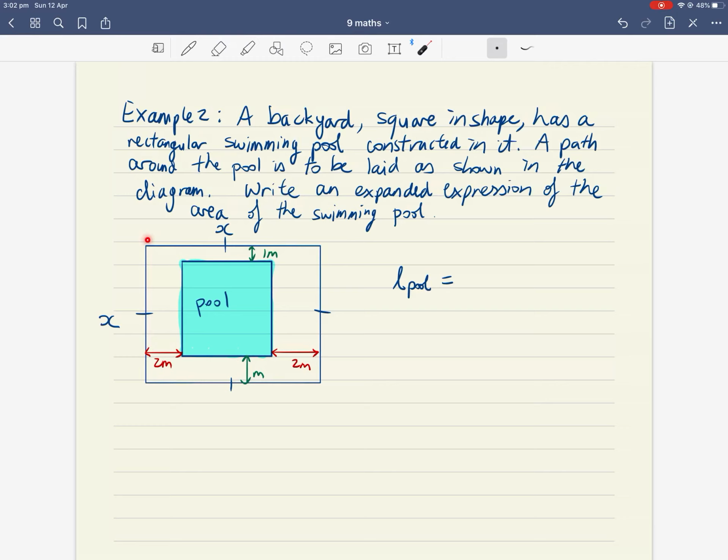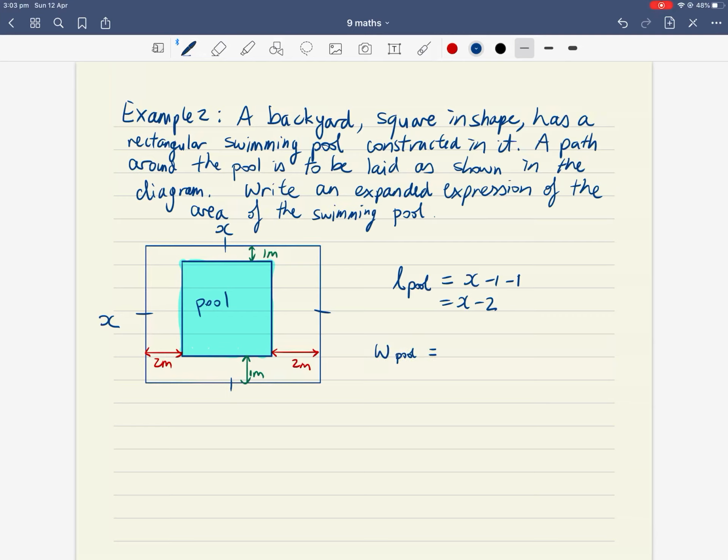This total height is x, but I'm taking away 1 meter and I'm taking away 1 meter. Whoops, that should be 1 meter. Then this total length of the pool is x minus 1 minus 1. So length of pool is x take 1 take 1, which is x take 2 meters long.